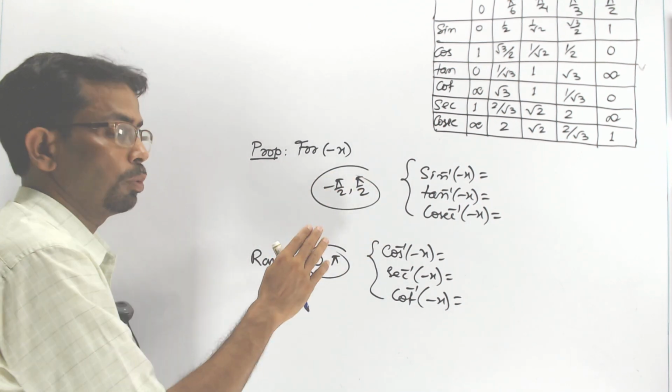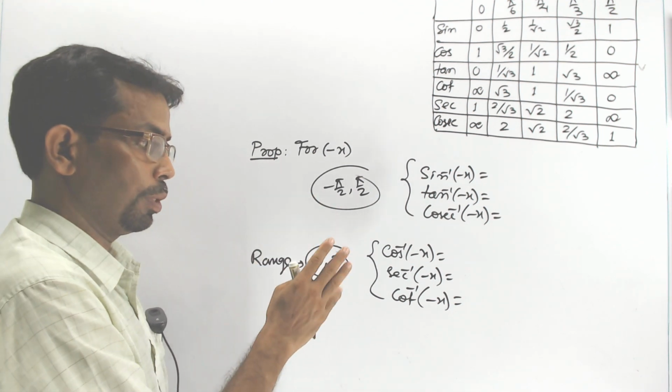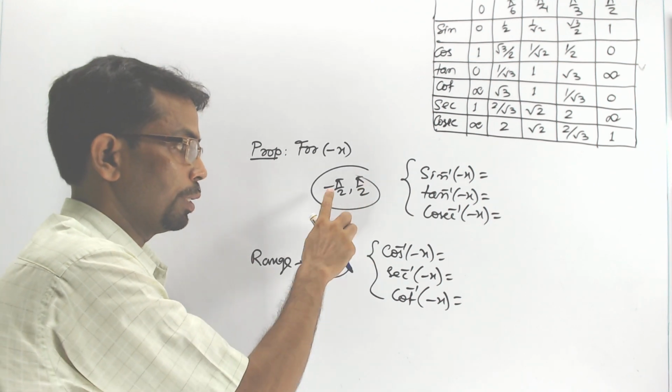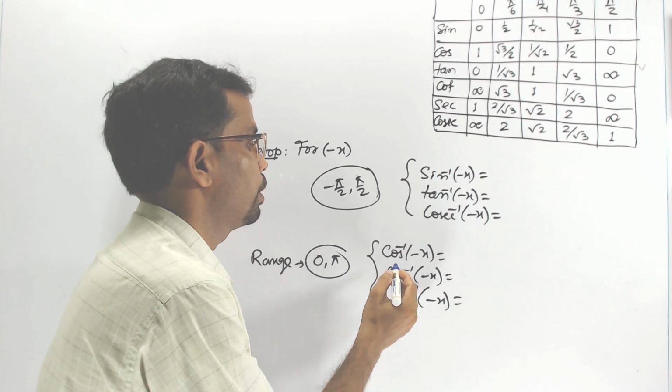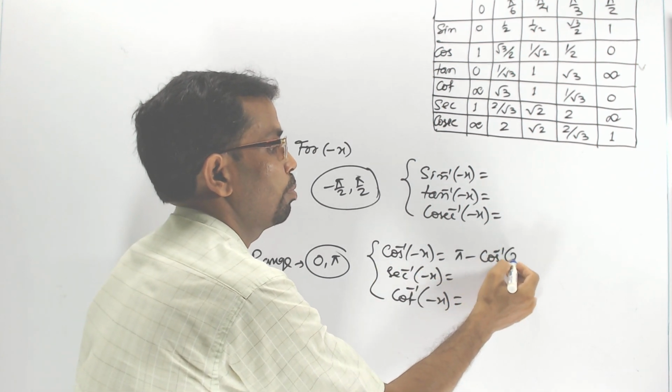And how to write, when to write open interval, when to write closed interval, I am explaining. First you remember, for cos, sec and cot 0 to pi, and remaining is -π/2 to +π/2. And the property is like this: cos inverse minus x is pi minus cos inverse of plus x.